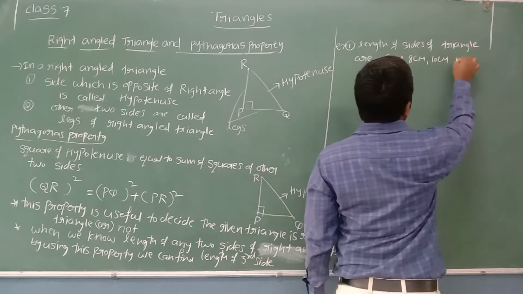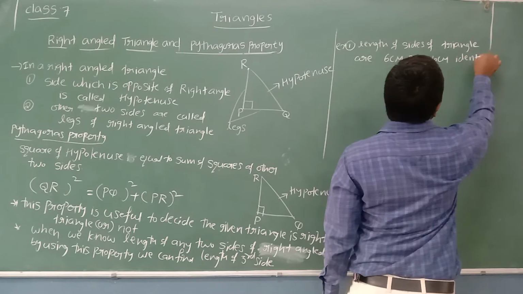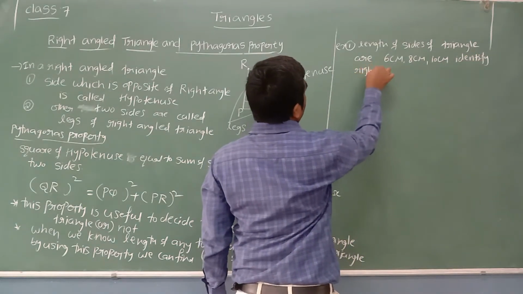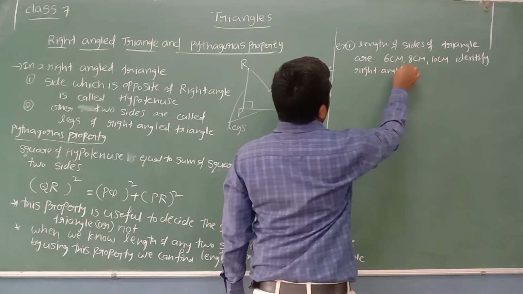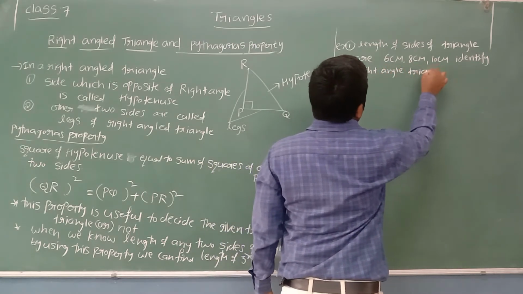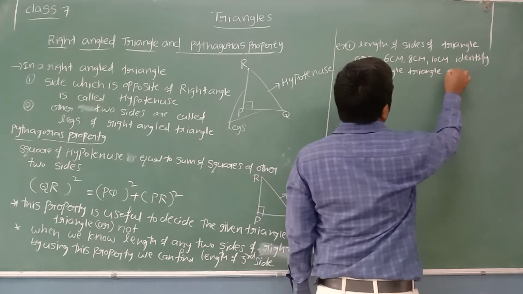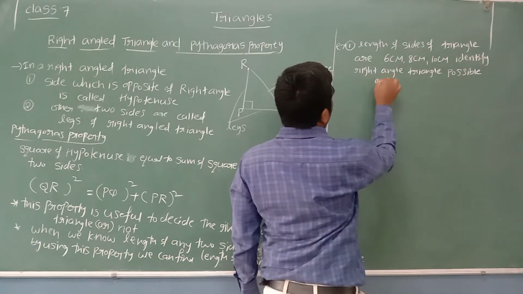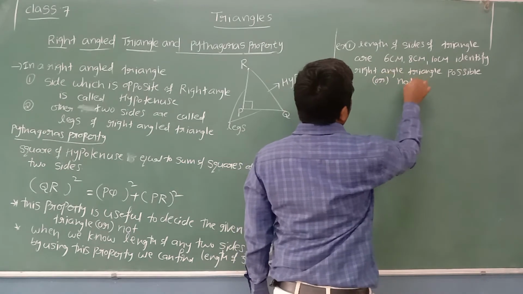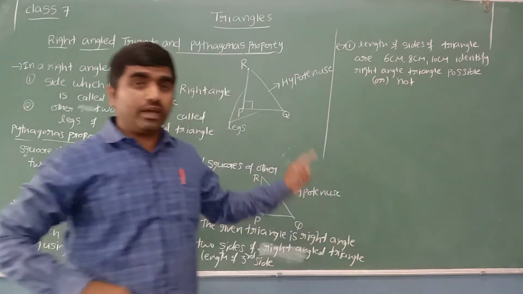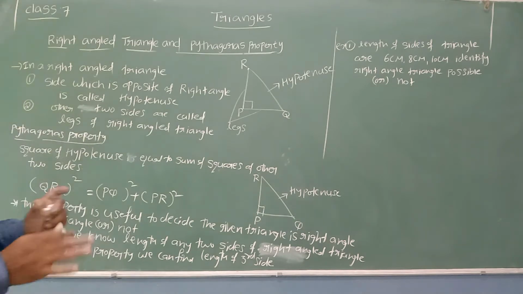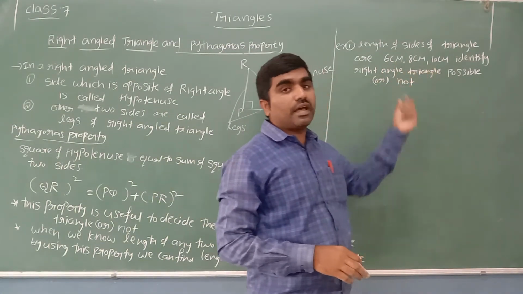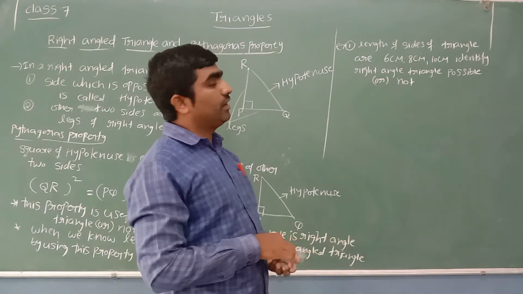They are asking to identify whether a right angle triangle is possible or not. They gave only the lengths of the three sides of a triangle, and they are asking whether by using these three a right angle triangle is possible or not.